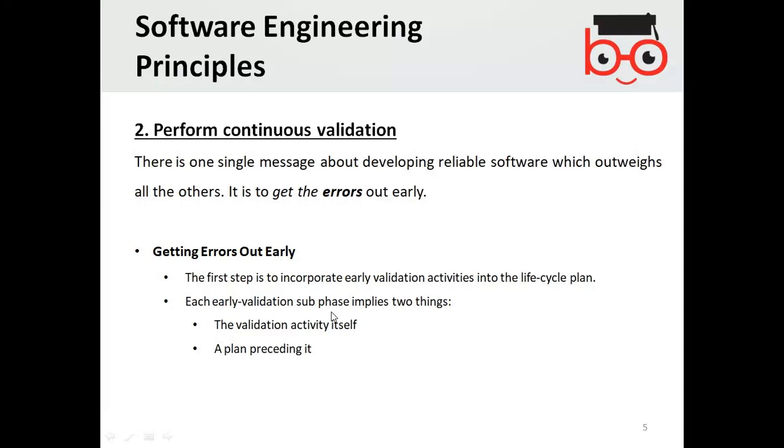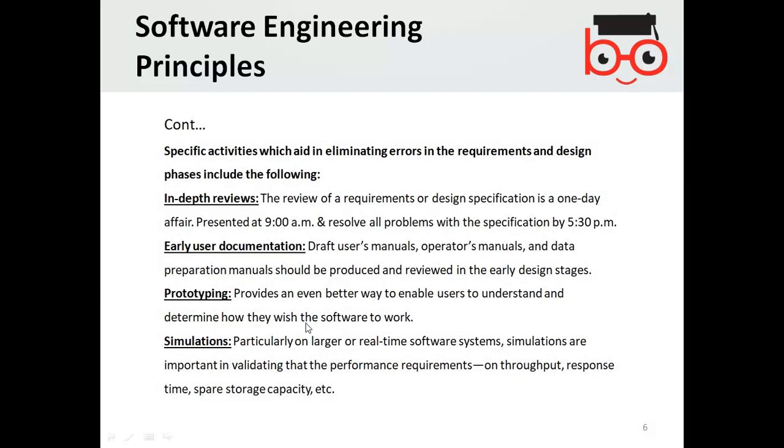Each early validation subphase implies two things: the validation activity itself and the plan preceding it. So overall, validation is identifying the errors and testing the software from every aspect, maybe the whole or maybe the individual components.